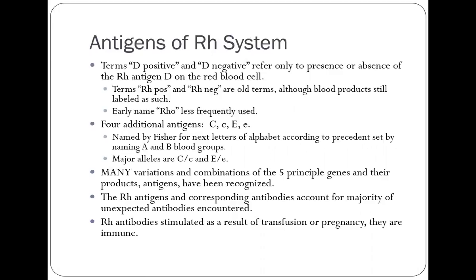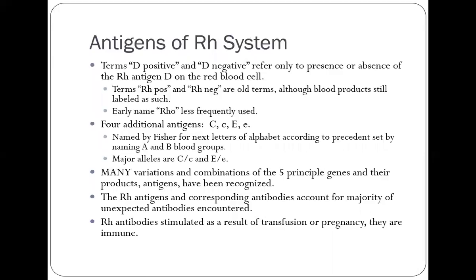The RH antigens and the corresponding antibodies that can be produced account for the majority of the unexpected antibodies that we encounter in the blood bank. And that's definitely true. RH antibodies are stimulated as a result of transfusion or pregnancy. They are immune.